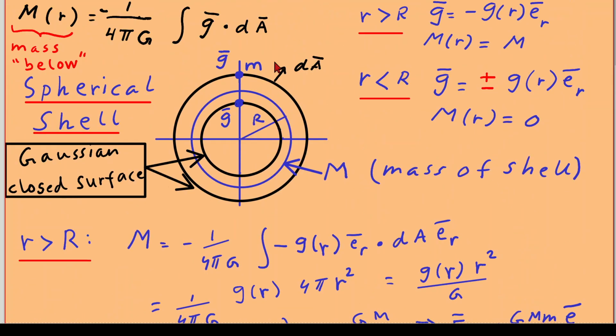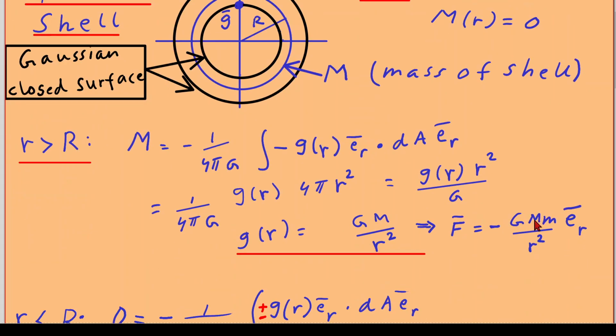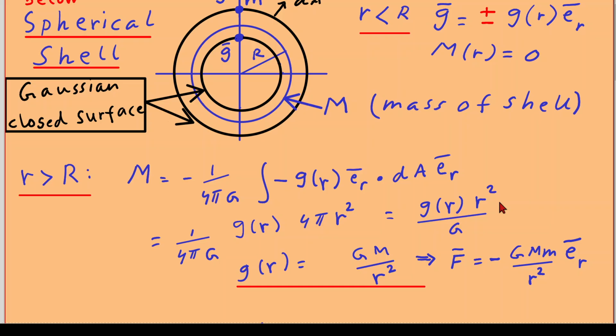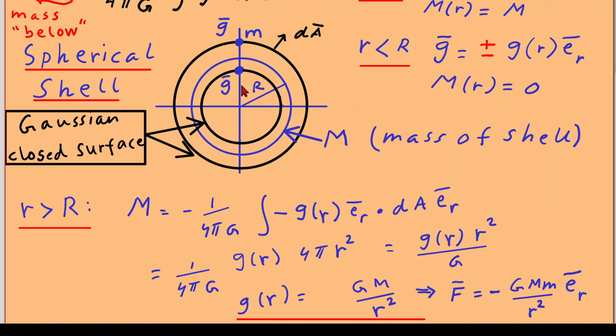So that's funny. So if you're here and you have a spherical shell below you, it will just be the standard gravitational law where the distance is to the center of the shell, the radial distance. That's a neat result. But now, let's continue.